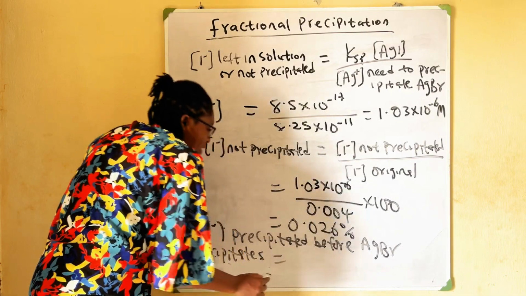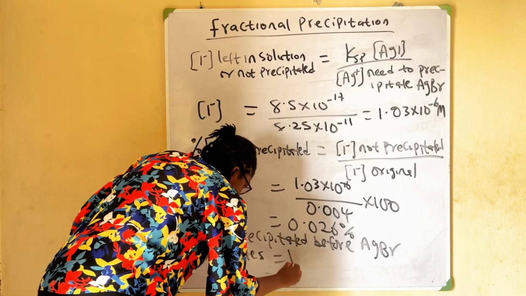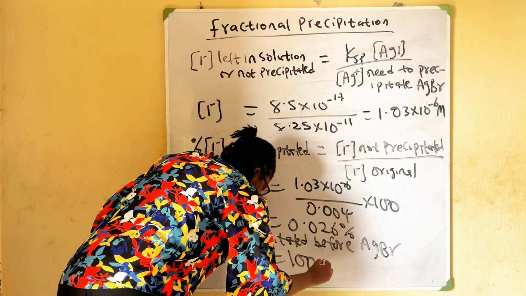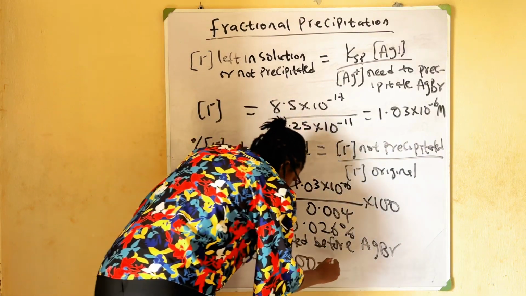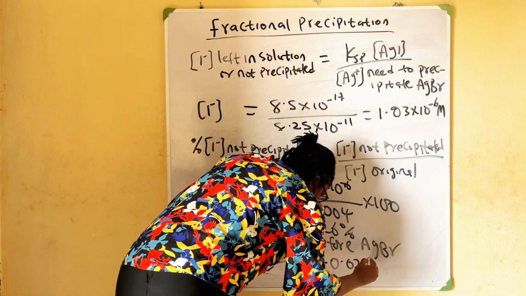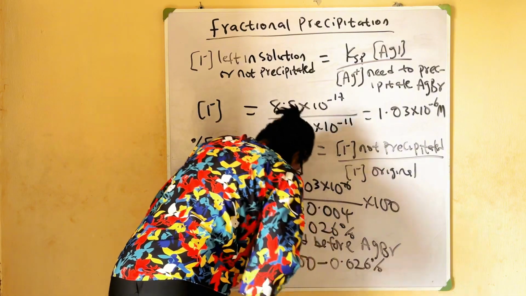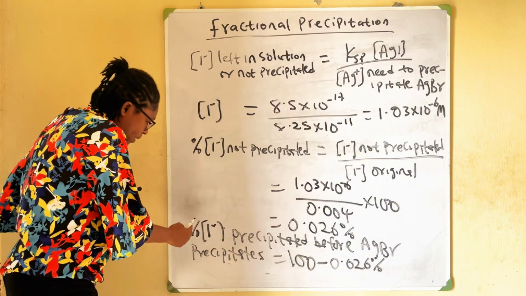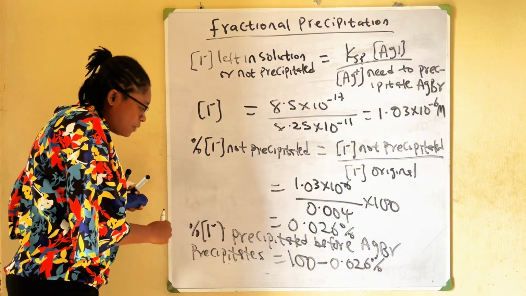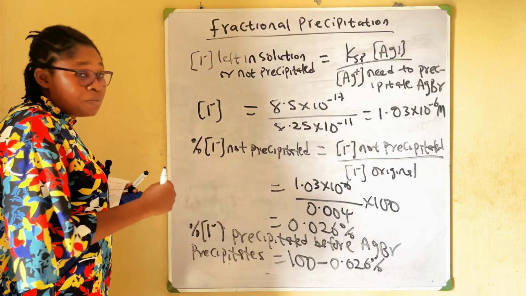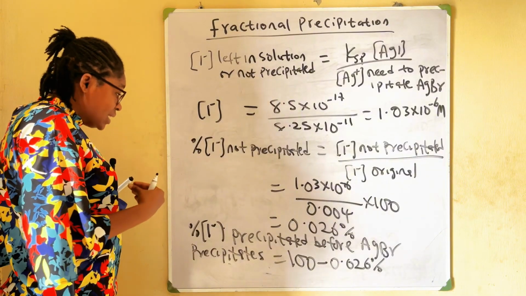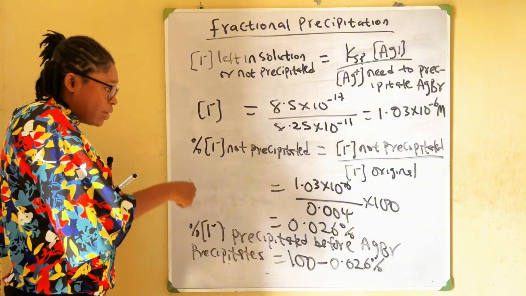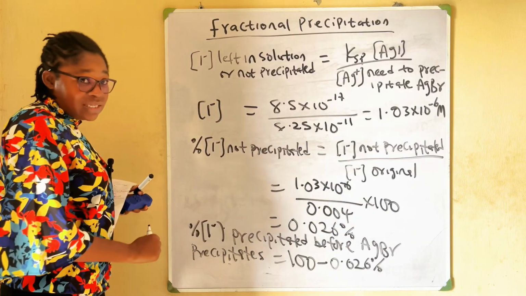Precipitated will be 100 minus this value. So 100 minus 0.026%. So look at this: the percentage of silver iodide precipitated before silver bromide precipitates will now be 100 minus the one not precipitated.